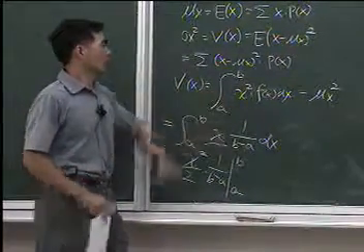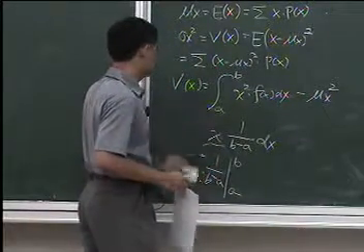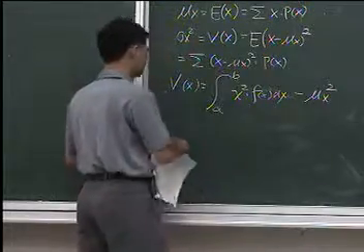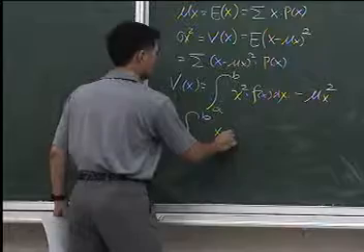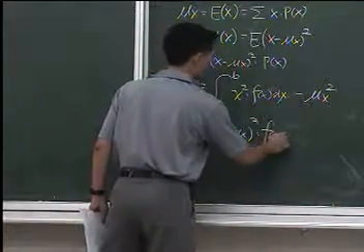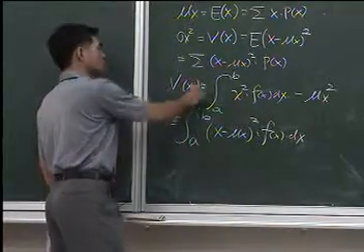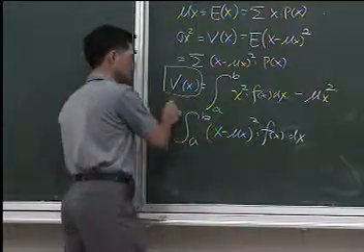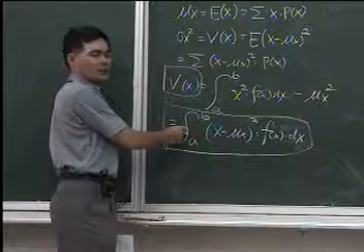Because this one is actually the integral of x minus mu x squared times fx times dx, right? Variance of x, the original definition is this, okay? But of course, we can simplify this form, okay?